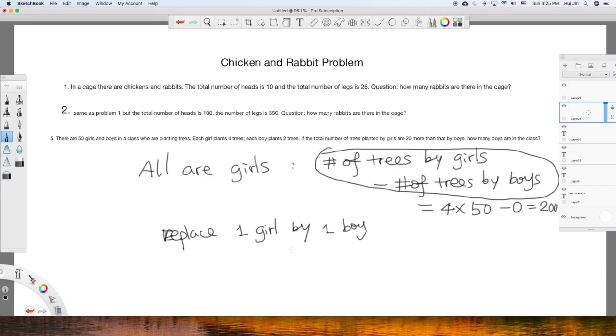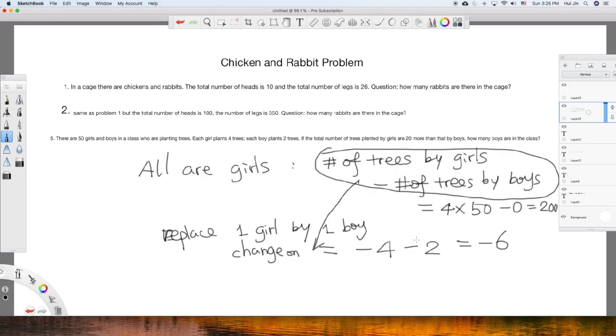So you are going to take out 4. The change on that quantity is, you take out 4, but you're not adding 2, you're also minus 2 because the total number of trees by boys is subtracted there. So every time you are reducing by 6 this amount. Okay, this probably takes a minute to think about it.